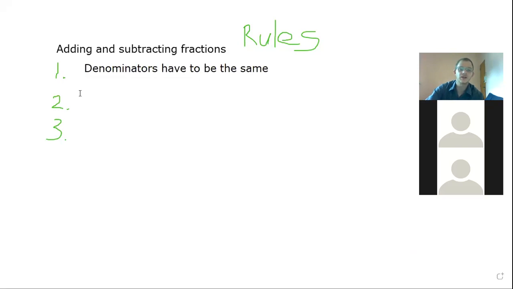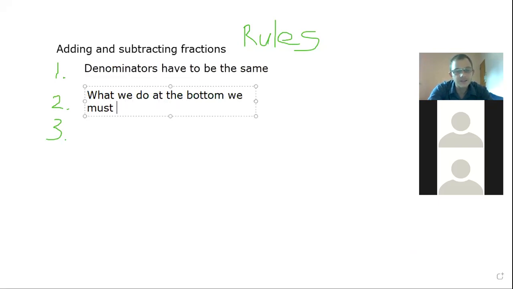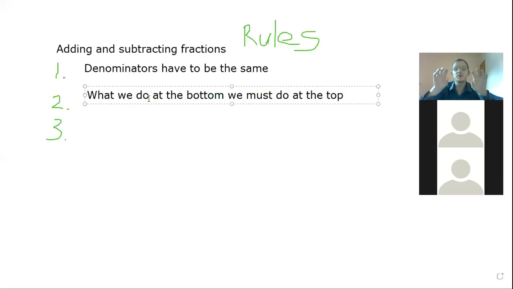What other rules do we have? What we do at the bottom, we must do at the top. So if we are multiplying the bottom to get the denominator the same, we have to multiply also on top so that the fraction is correct.